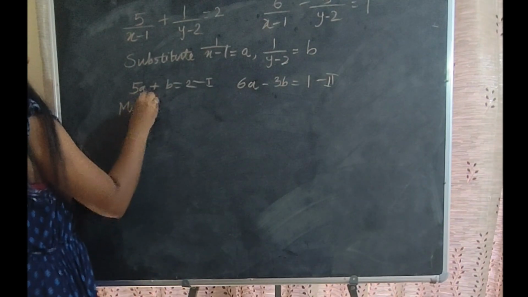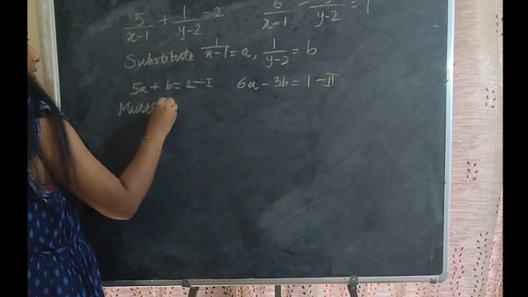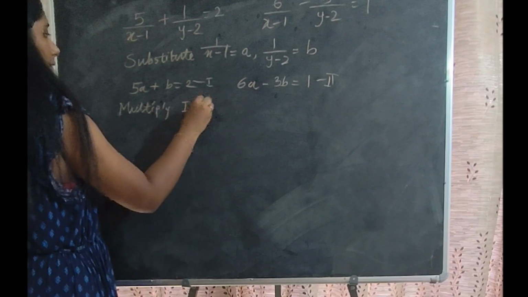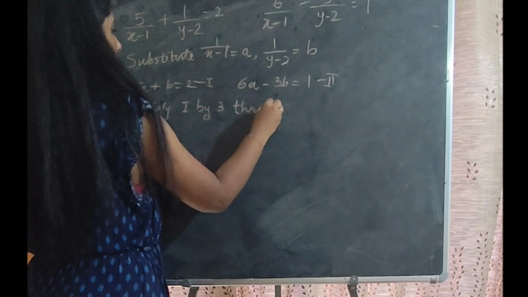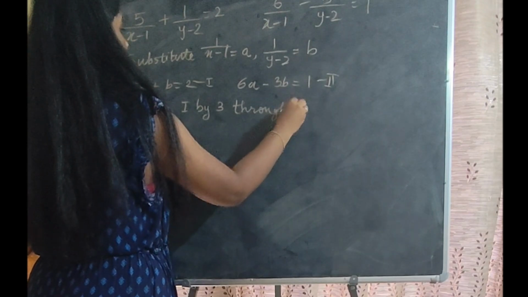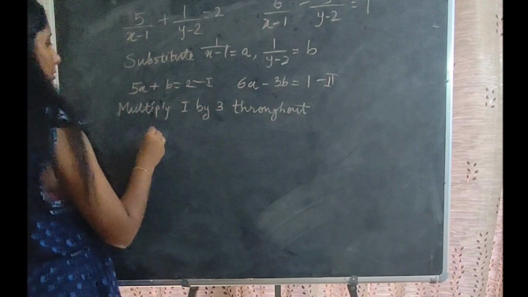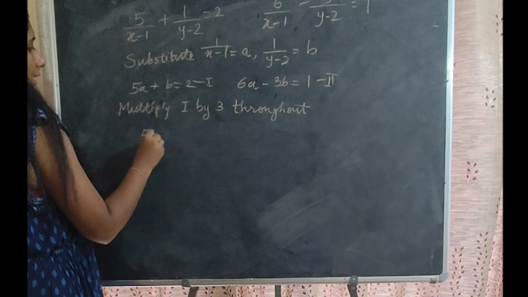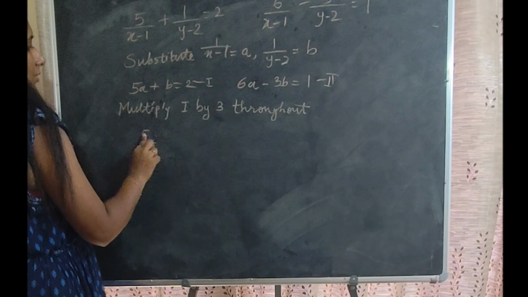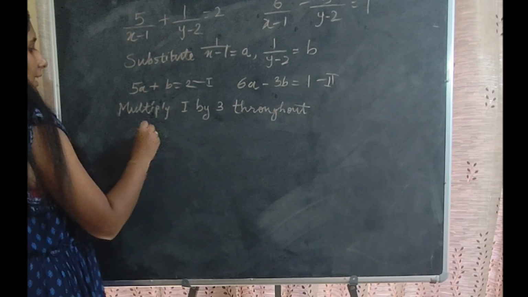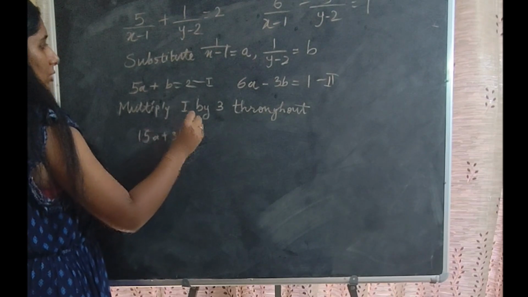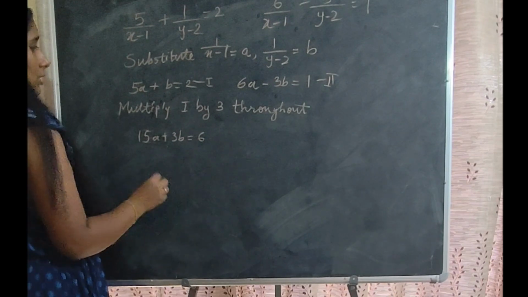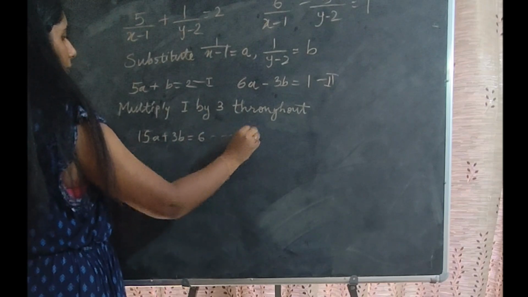Multiply 1 by 3 throughout. So 15a plus 3b is equal to 6. So now this is the third equation.